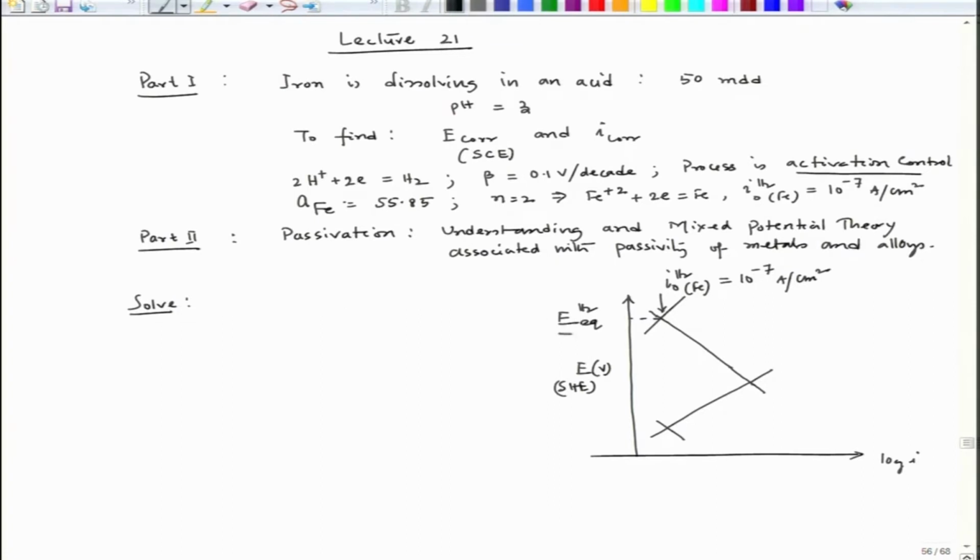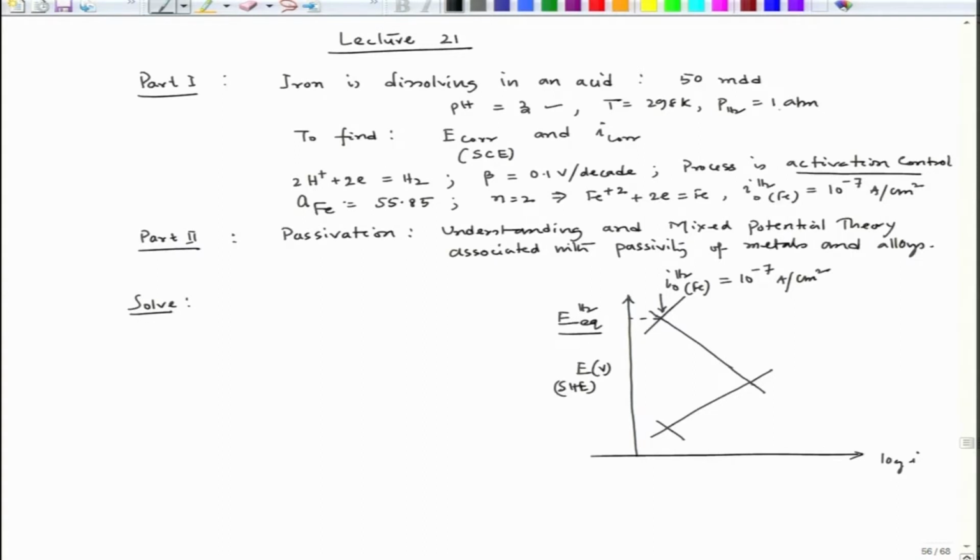This particular quantity can be found out because we have mentioned pH to be 3, and this is at temperature T equal to 298 Kelvin, that means room temperature, and pressure of hydrogen equal to 1 atmosphere. If it is not 1 atmosphere, then the calculation becomes a little tricky, because at that time we have to consider the Nernst equation with the partial pressure of hydrogen also.